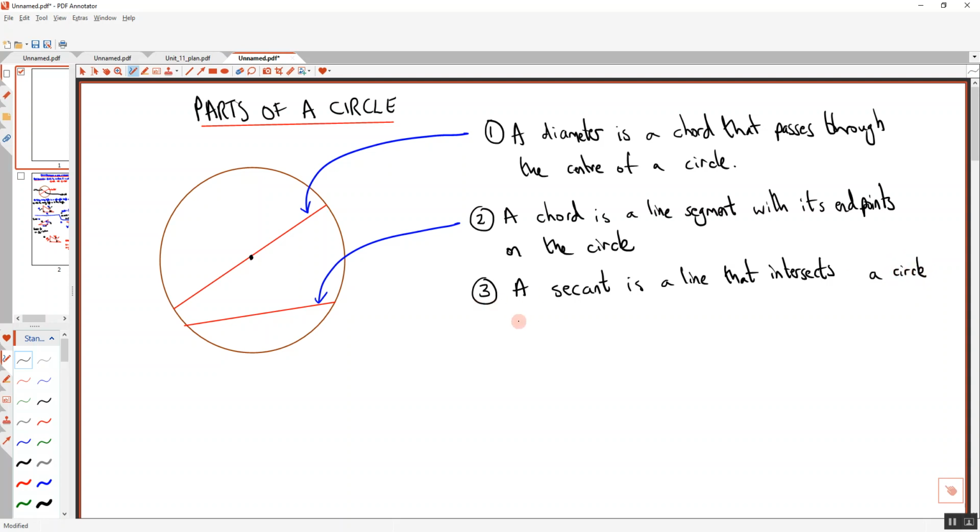Grayson, you getting this? So it's very similar to a chord, but it goes straight through, okay?